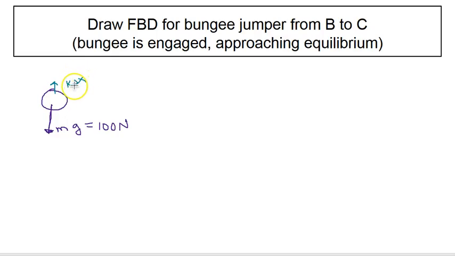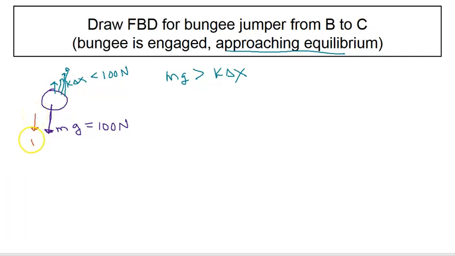K delta X is not constant. It is slowly or quickly, depending on your reference point, getting bigger and bigger, but is always less than 100 newtons, because they're equal to each other at equilibrium. I just made up the 100 newtons. So it's approaching equilibrium, and mg is going to be greater than K delta X.